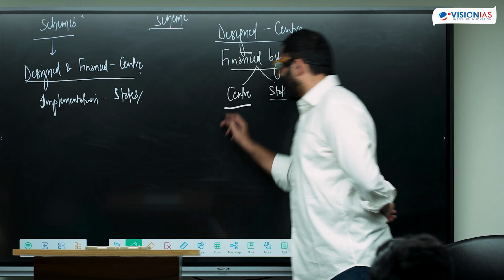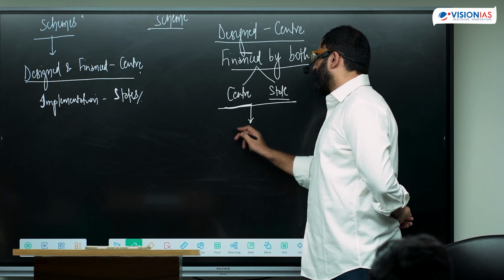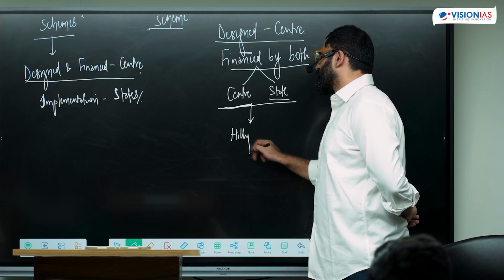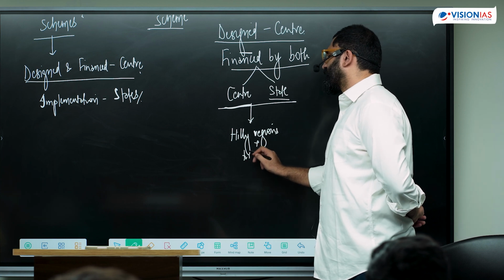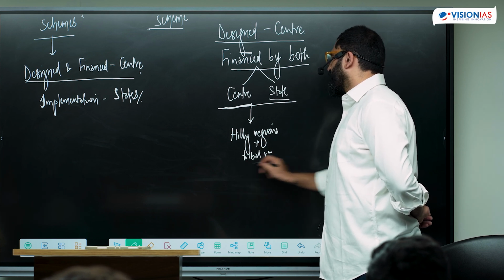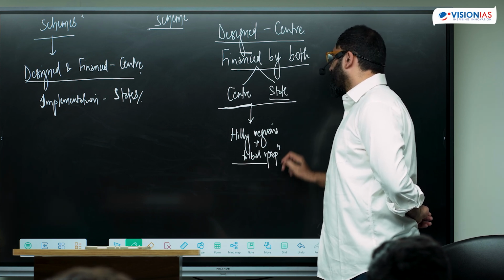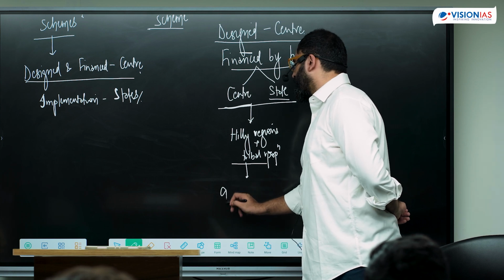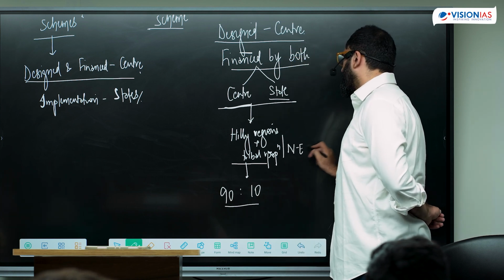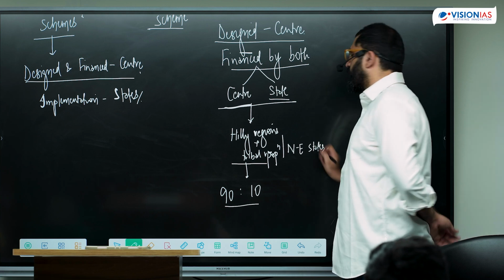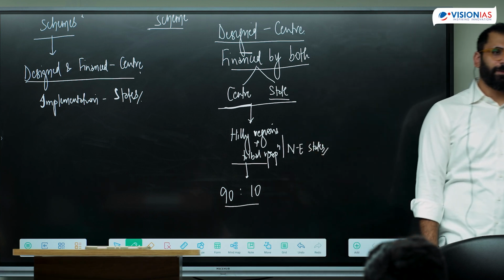For states which have hilly regions plus tribal population, again the special category ones, they have to share 90:10. So again, all of those states, but they don't call it special category status.